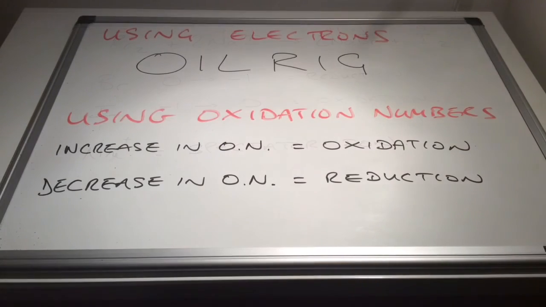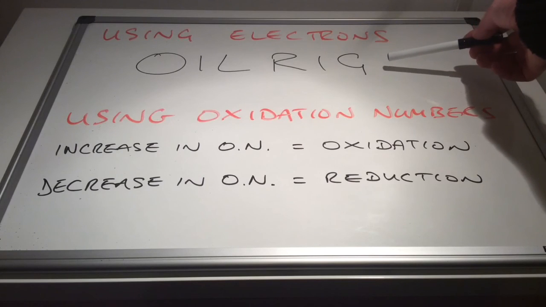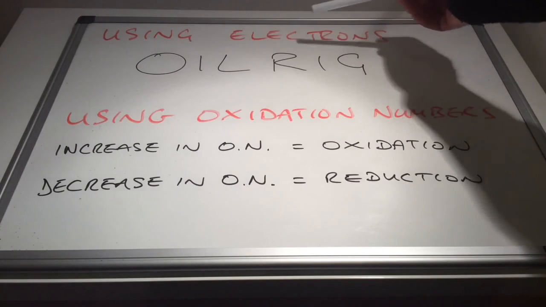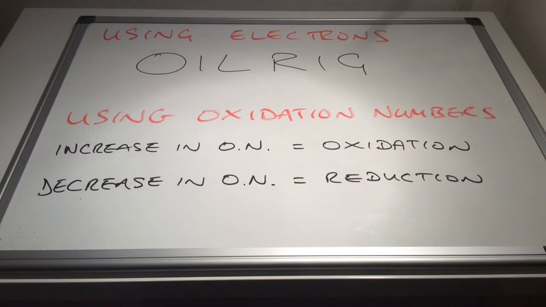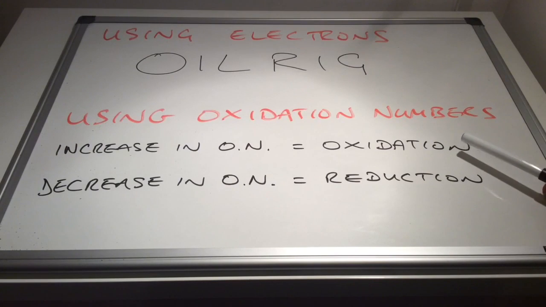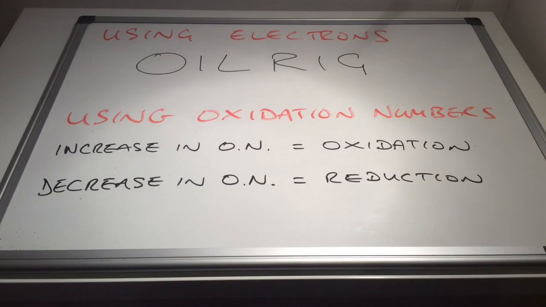So we'll just do a final summary of both methods now on this board. If you're using electrons, we use the OIL RIG mnemonic. Oxidation is loss of electrons, reduction is gain of electrons. If you're using oxidation numbers, an increase in oxidation number is oxidation, a decrease in oxidation number is reduction.